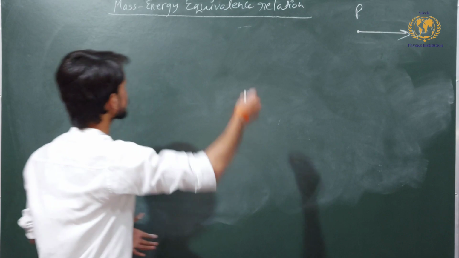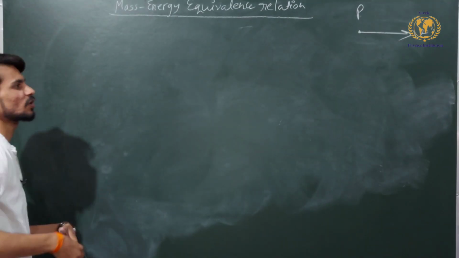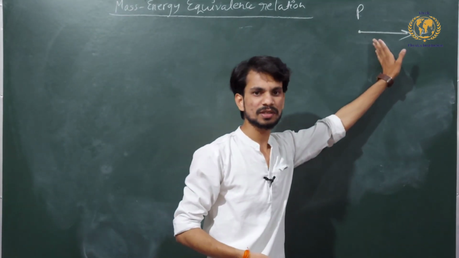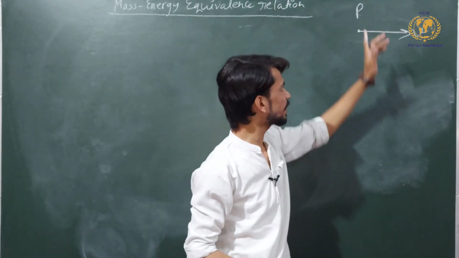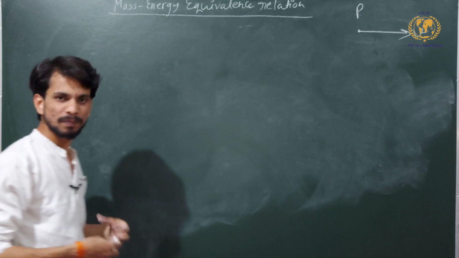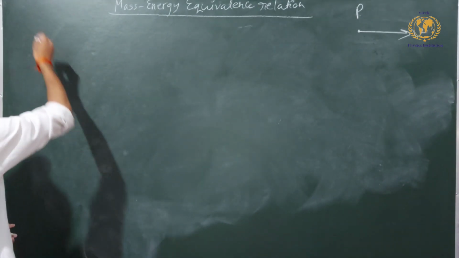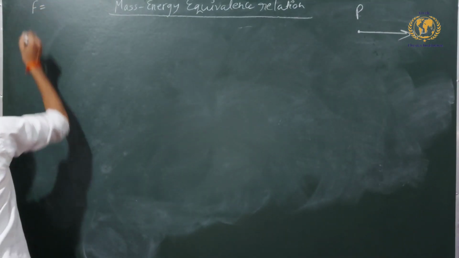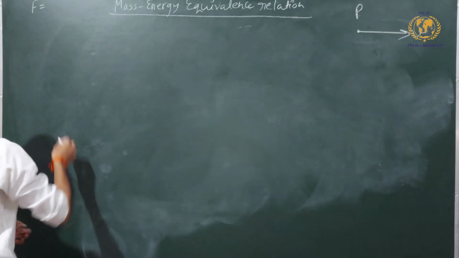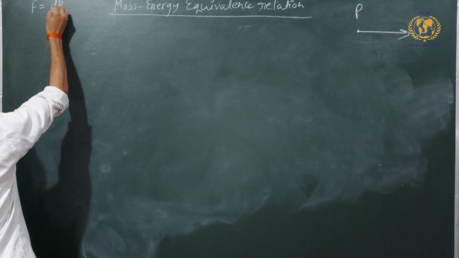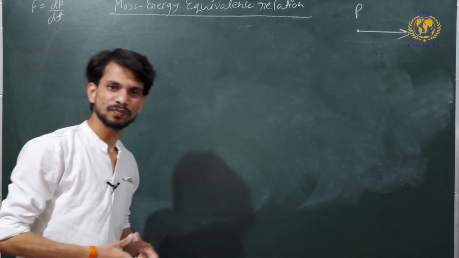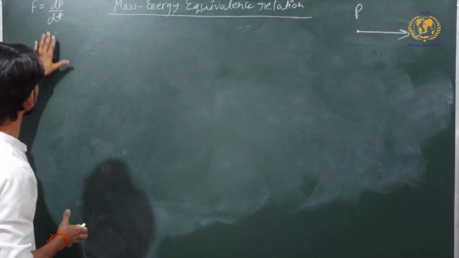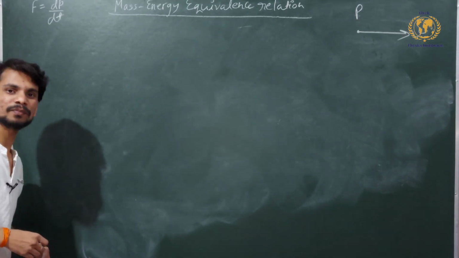Then the velocity of the particle changes, and the force can be expressed by Newton's simple law of motion, F equals dp over dt. The rate of change of linear momentum is simply the exerting force.